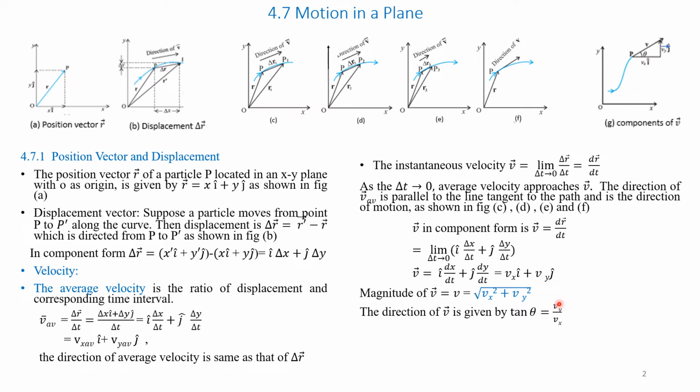So theta can be found using the Pythagoras theorem, that is, the direction of instantaneous velocity is given by tan theta equals Vy by Vx, where Vy is the opposite side and Vx is the adjacent side. Therefore, theta will be equal to tan inverse of Vy by Vx. Vx, Vy and theta are shown in figure G.